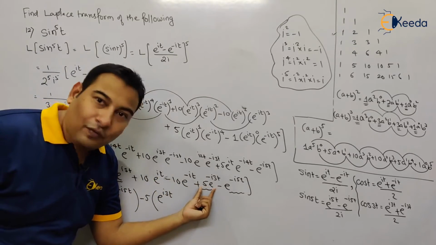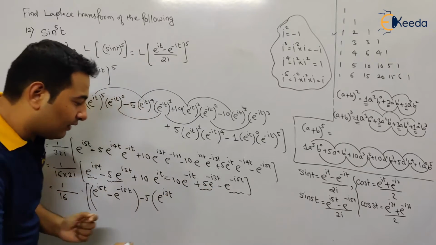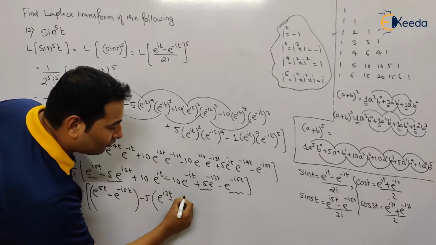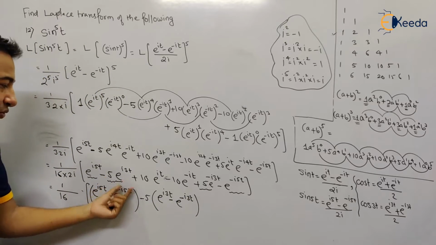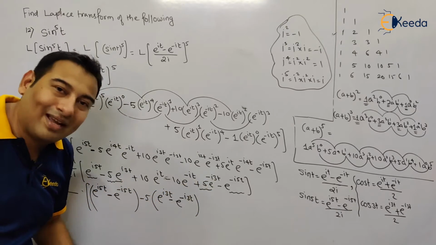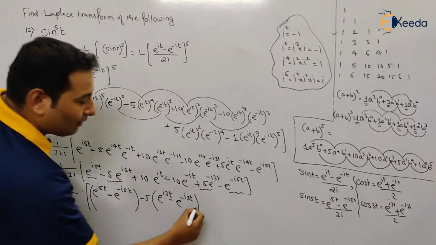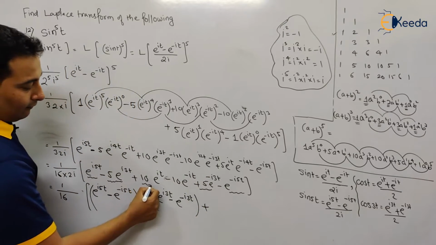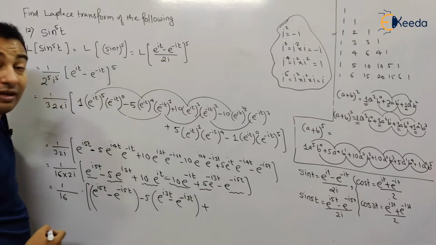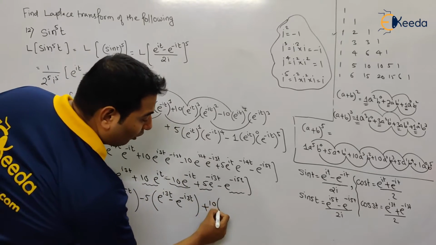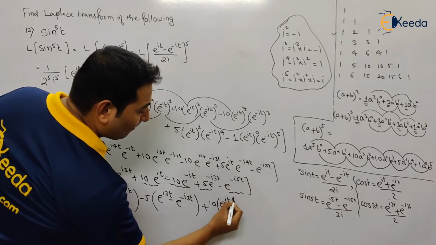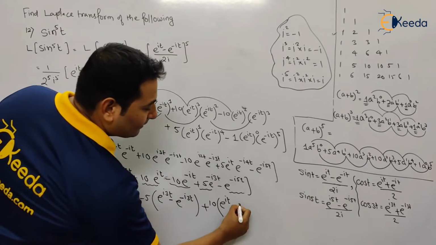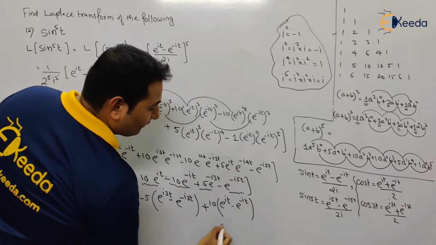And if you take minus 5 common from this, you will be left with a minus e raised to minus i 3t. Here it is e raised to i 3t minus e raised to minus i 3t. Next, plus third and third last term will be combined. So let's take 10 common from this. If you take 10 common, here it is e raised to it minus e raised to minus it.